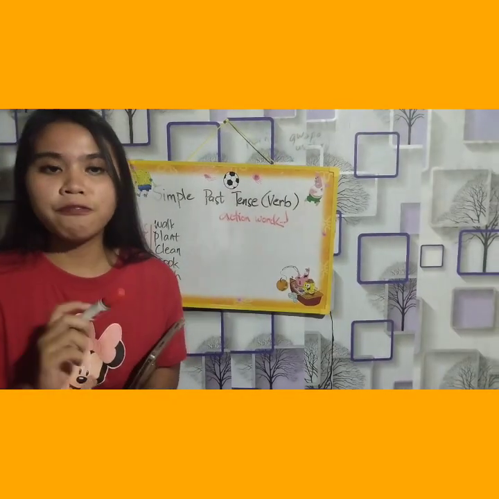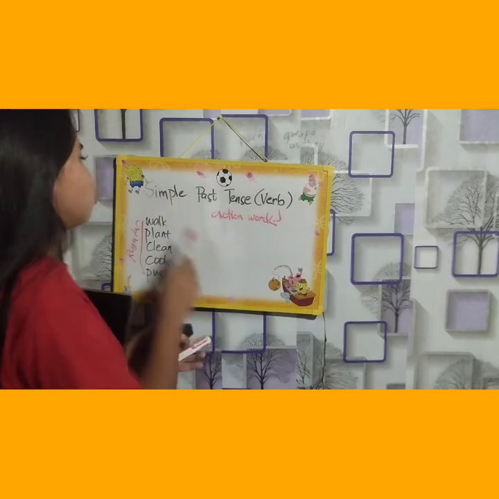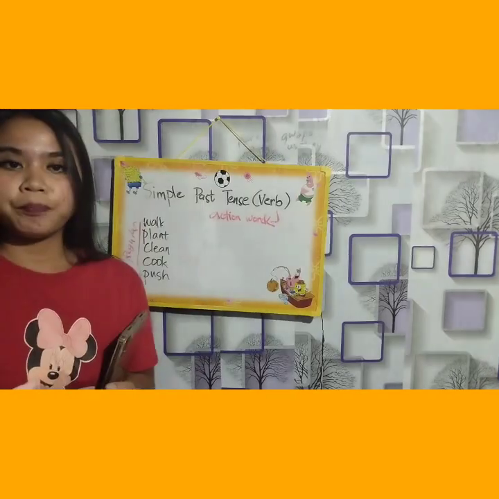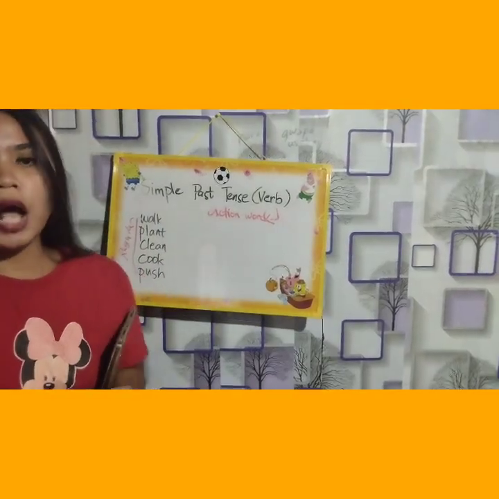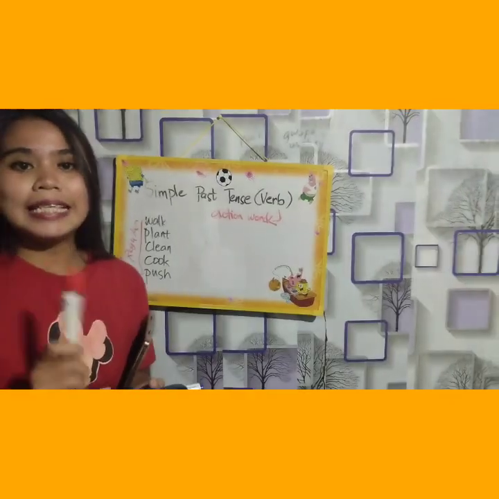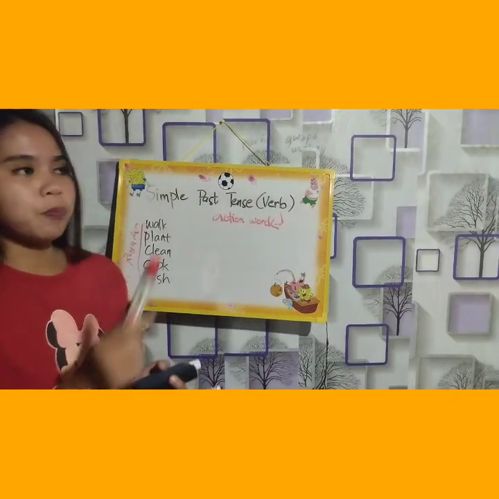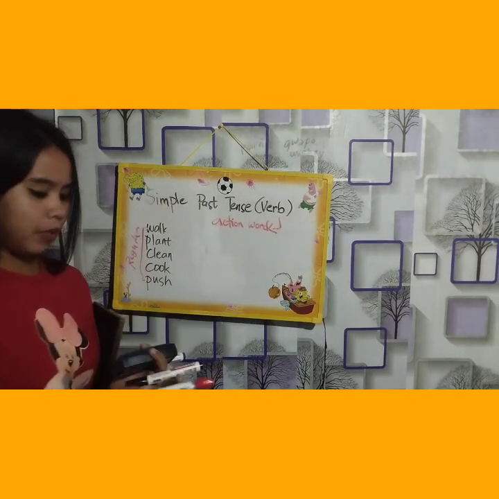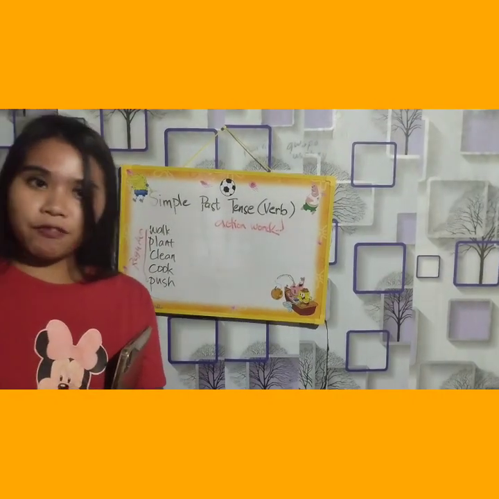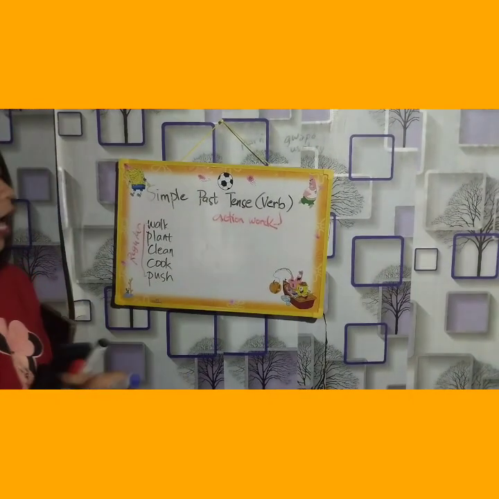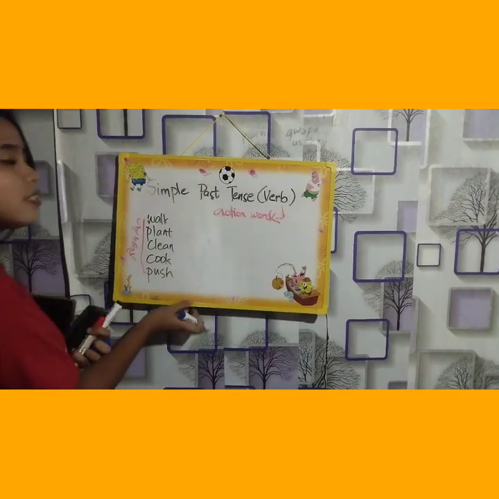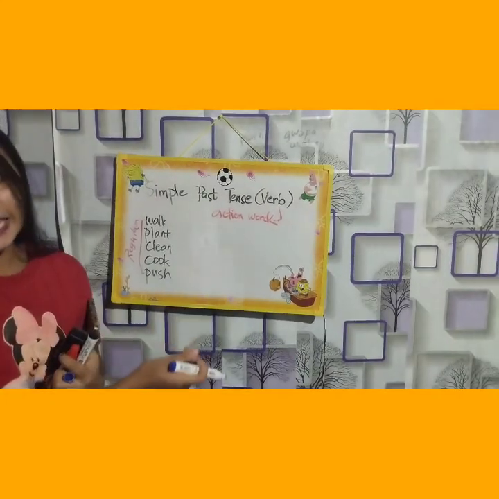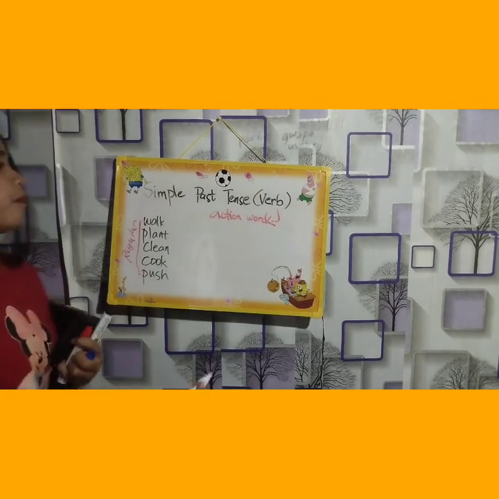Regular verbs are very easy to convert into the simple past tense. Why? Because all you have to do is to add d or ed to the present tense of the verb. So, let's give it a try. Again, the present tense of the verb plus d or ed.